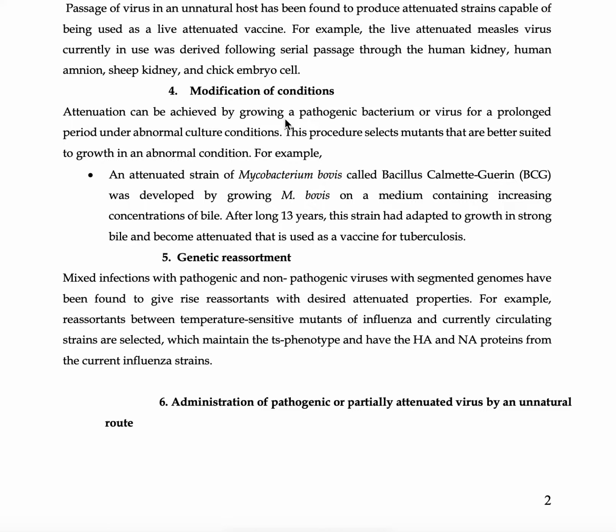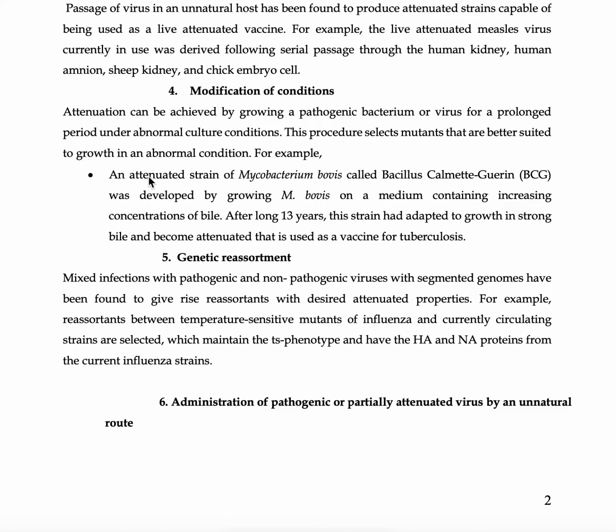These procedures cause some mutations in the bacteria or virus. If we are lucky enough, we will get a mutant which survives in that abnormal condition but loses its virulence factors. If we can get that mutant, we can use that mutant virus or bacterium as a vaccine.